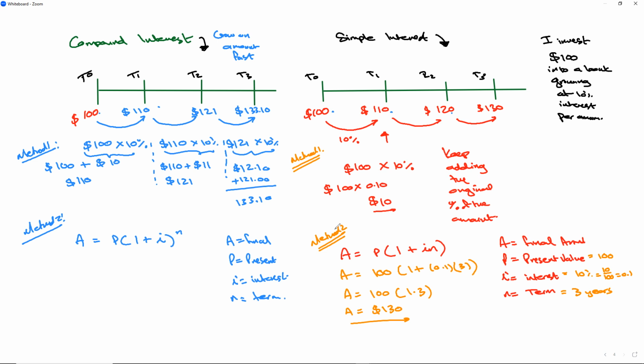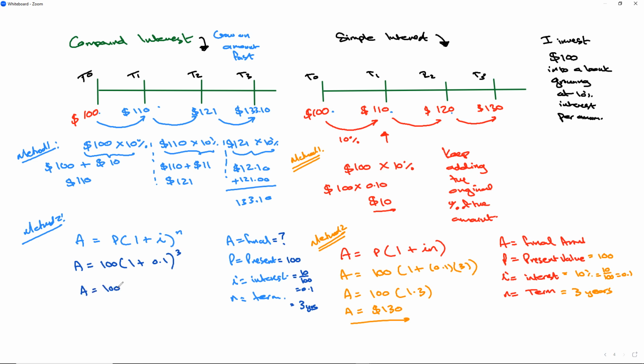So from this here, we can see that my final amount is what I want. My present amount is $100. My interest, again, is 10%, which is basically 10 divided by 100, which is 0.1. And my term is 3 years. So we calculate it like this. We're going to put 100 here, 1 plus 0.1, but now to the power of 3.